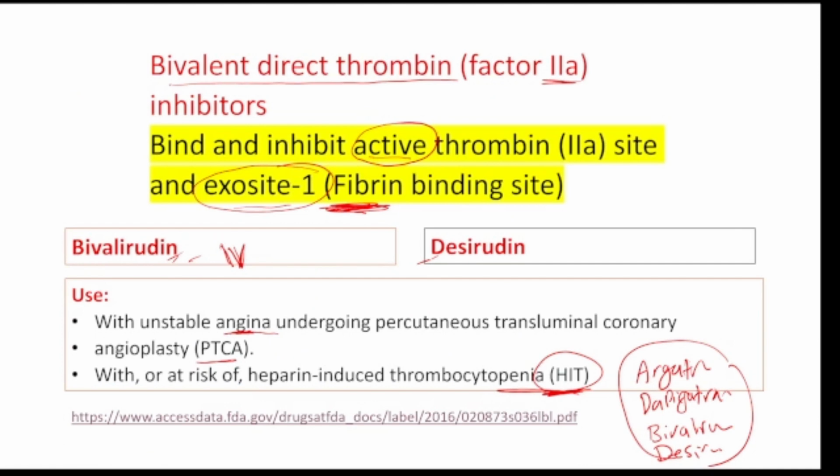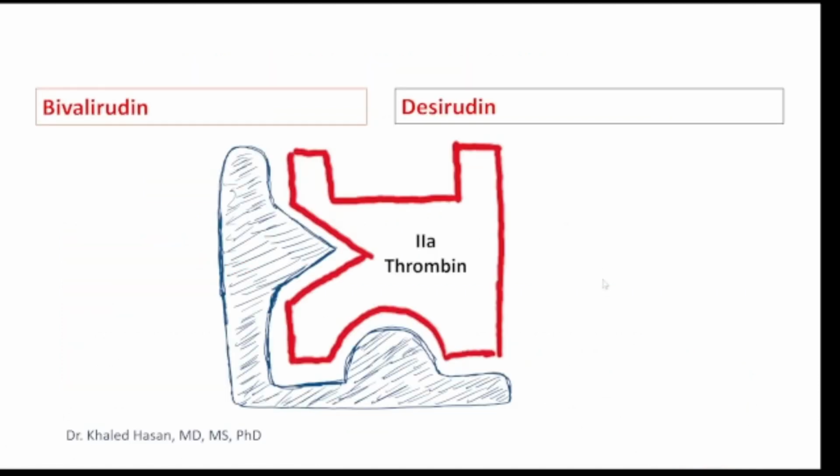Okay, moving to the next slide. The purpose of this slide is to show you the mechanism of action of desirudin and bivalirudin. As you can see here, this group of medication binds to the active site in addition to the exosite.